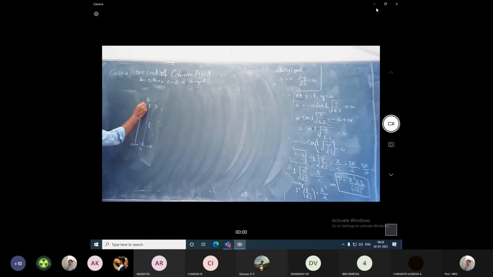Let the load P be applied at the end B. So due to this applied load, the column is deflected as shown here.